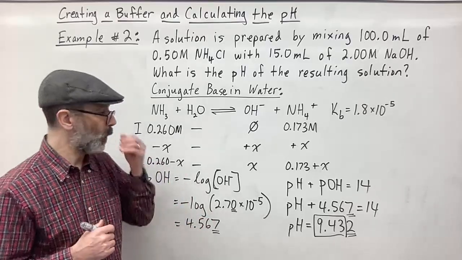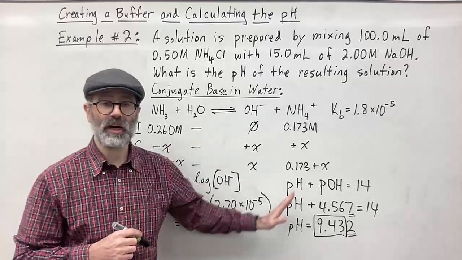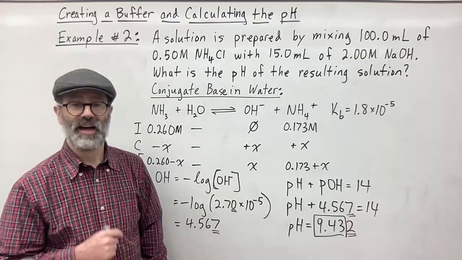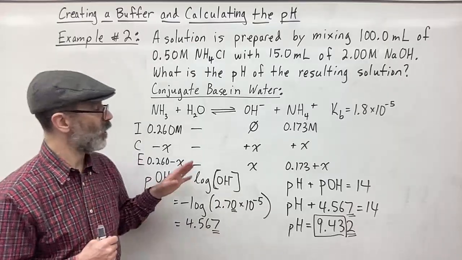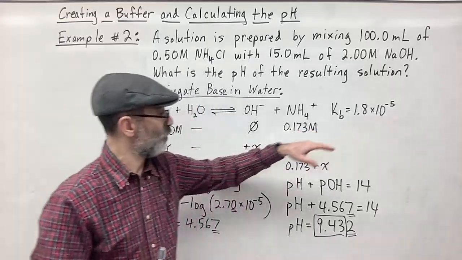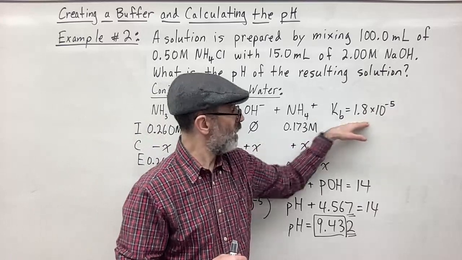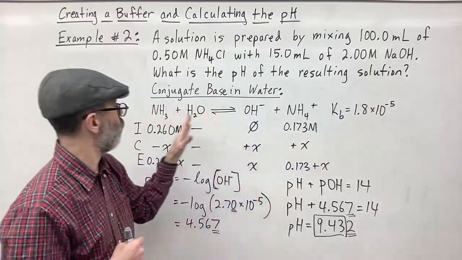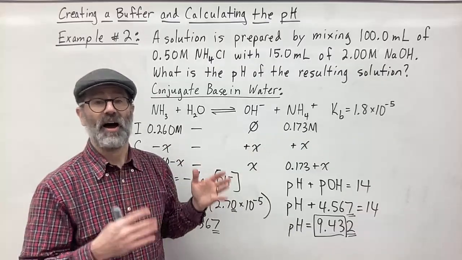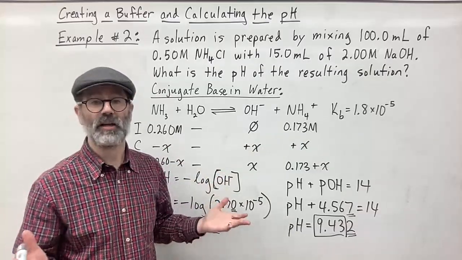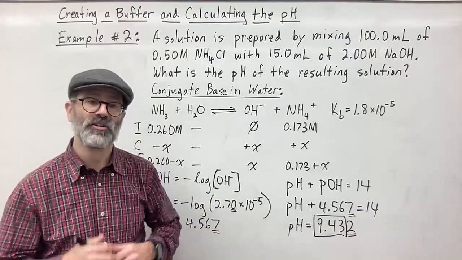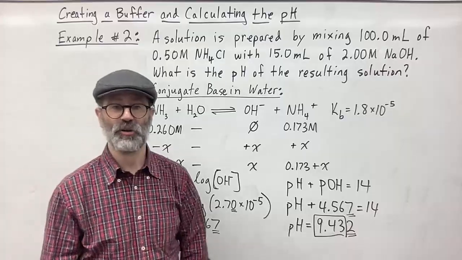So if your 5% rule is valid here, then so is the Henderson-Hasselbalch equation, and we know that it's valid here because, as I said, the Kb value is much smaller than your initial concentrations by a factor of 10,000. So therefore, the Henderson-Hasselbalch equation should work. So let me finish up quickly with the Henderson-Hasselbalch equation and see if we get the same value. So stay tuned.